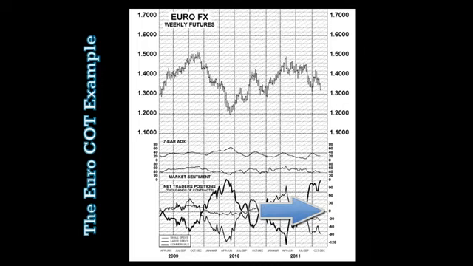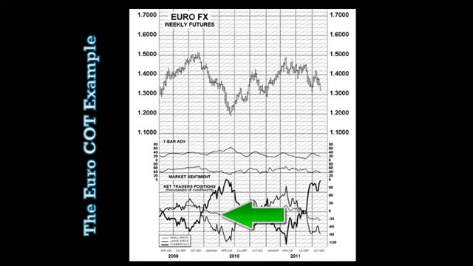Okay, so we can clearly see at the bottom that the net sum zero line is 0, and the heavy black line is the commercials, and the smaller thickness black line, if you look at the diametrically opposed positions, is the large speculators or trend following hedge fund managers or non-commercial traders.